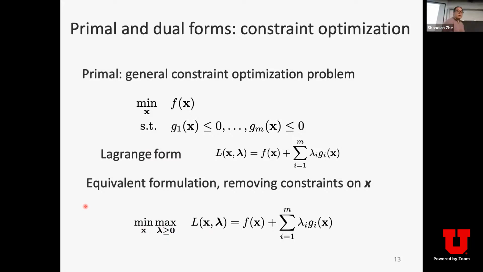Okay, great. And then I want to answer why. Why we can convert this primal problem into this min-max optimization problem, and why the two problems are equivalent.